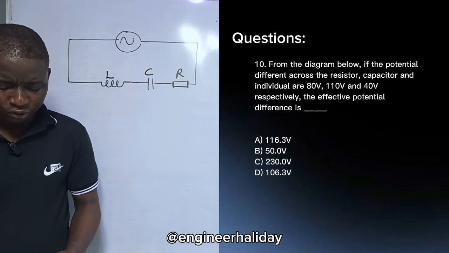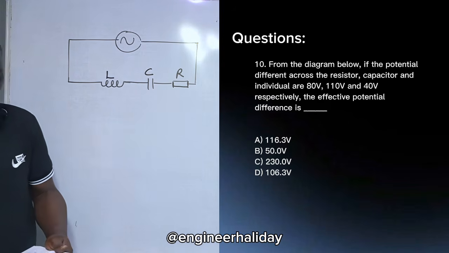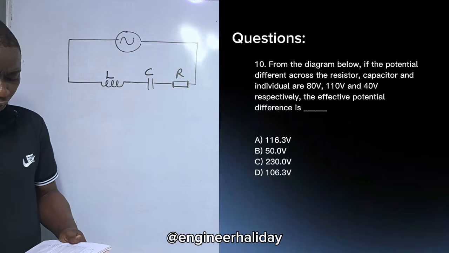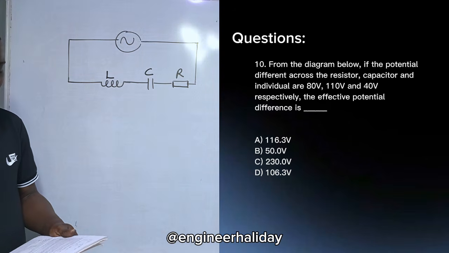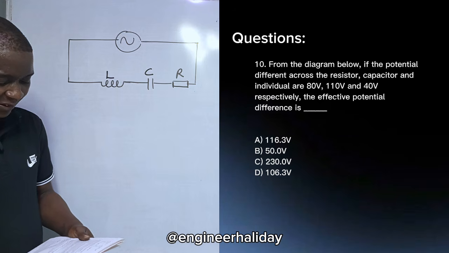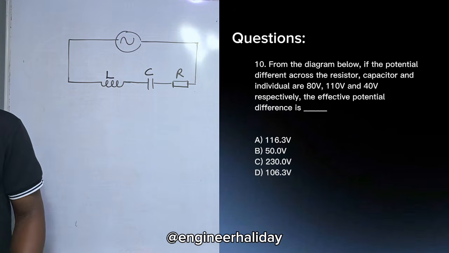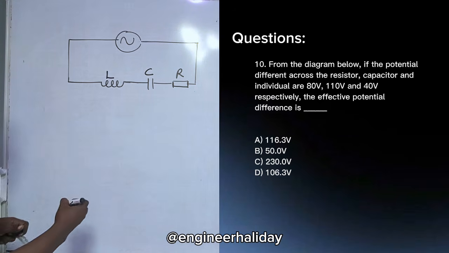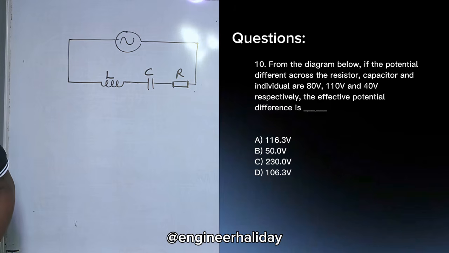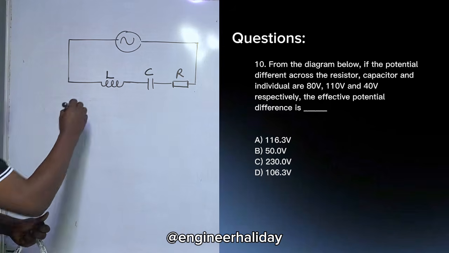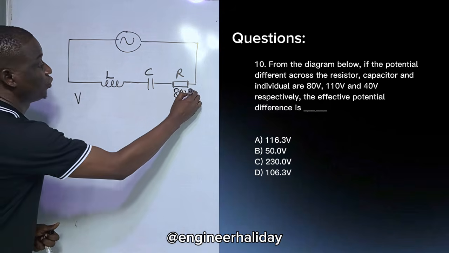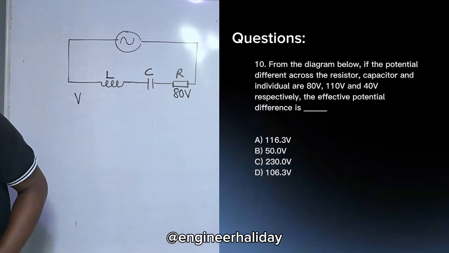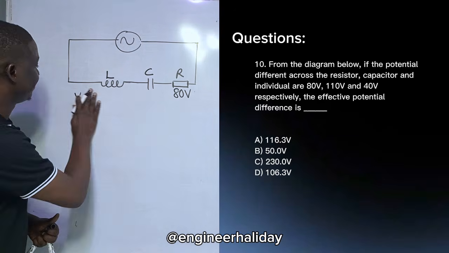If the potential difference across the resistor, capacitor, and inductor are 80 volt, 110 volt, and 40 volt respectively, the effective potential difference is dash. So let's draw the diagram first. We are looking for the effective potential difference. The potential difference across the resistor, the way they arranged it, is 80 volt. Across the capacitor, the way they are arranged, is 110.